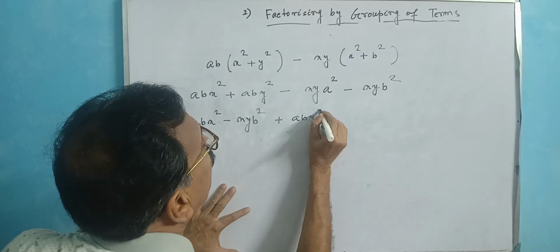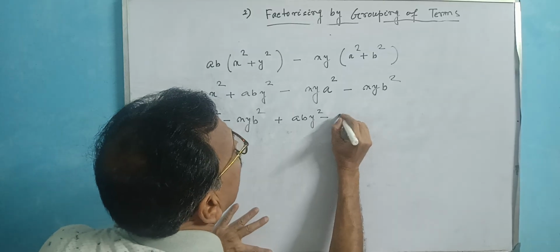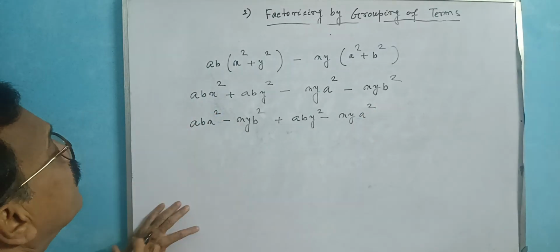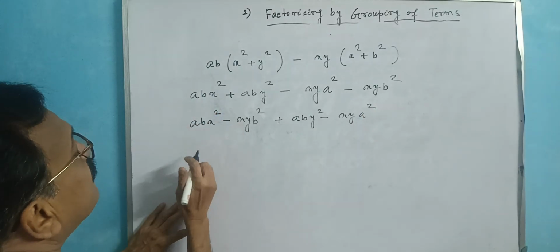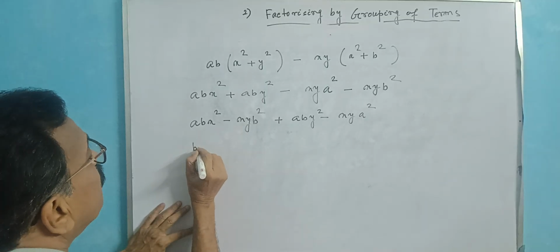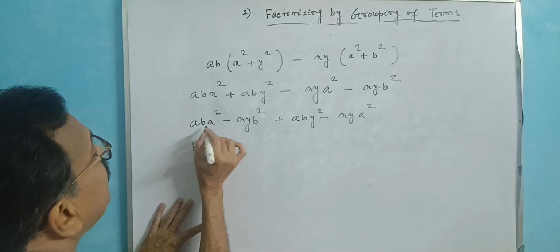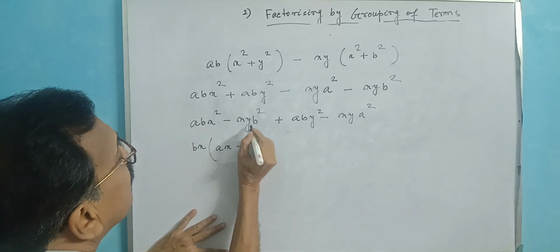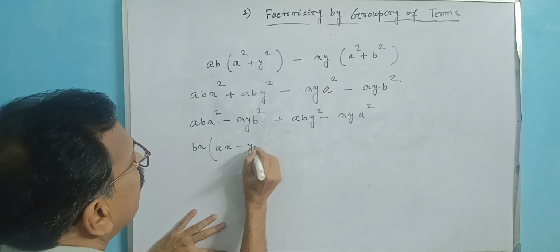aby square minus xy a square. What is the common here? bx, xb or bx. bx is common. So you write bx. What is left? So ax minus yb.